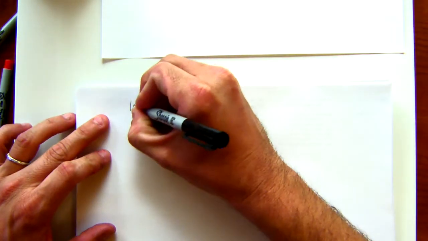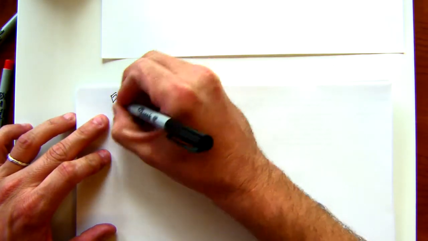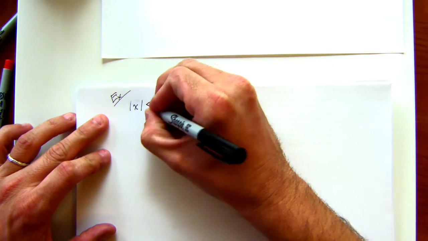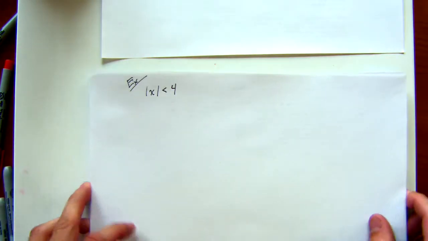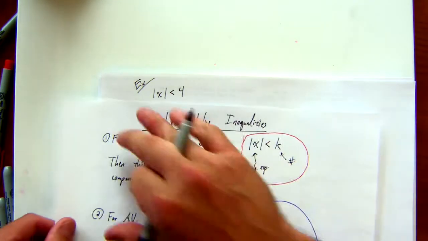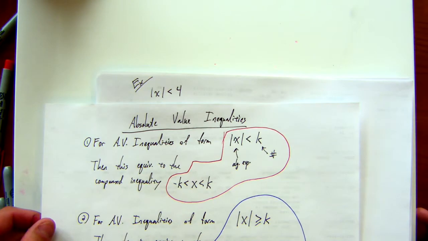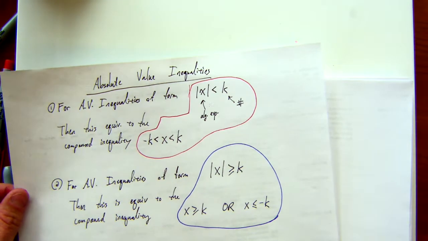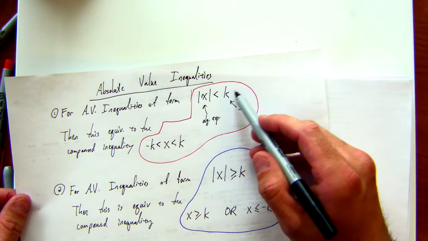This is section 4.3. Well, let's just look at the absolute value of x is less than 4. Okay, so which one of these forms, 1 or 2, am I going to be using? 1, because I've got the absolute value is less than something.